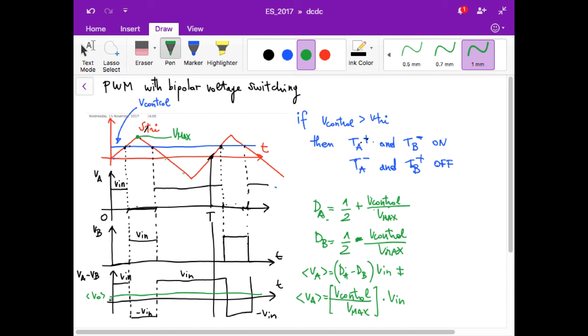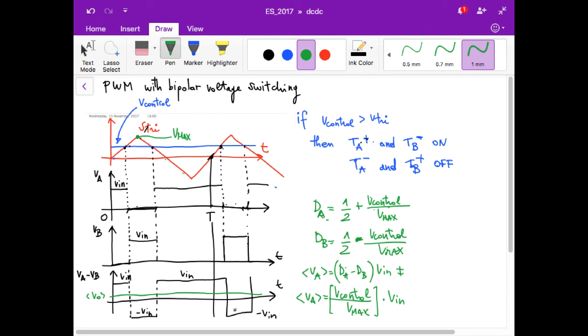And then you just want a filter to only extract the first harmonics. Okay, and in this case, for example, from a DC voltage you can obtain a 50 Hertz AC voltage, which can be used to provide a power supply to an AC load.